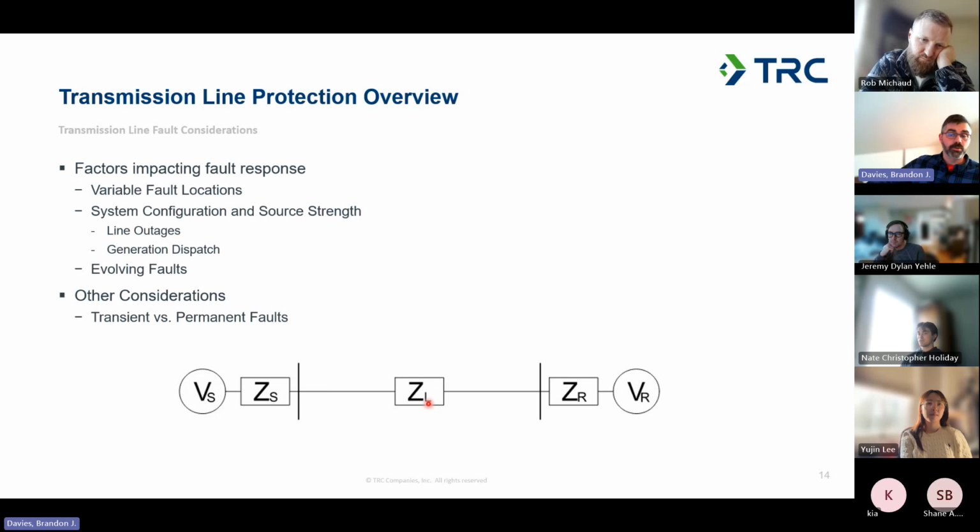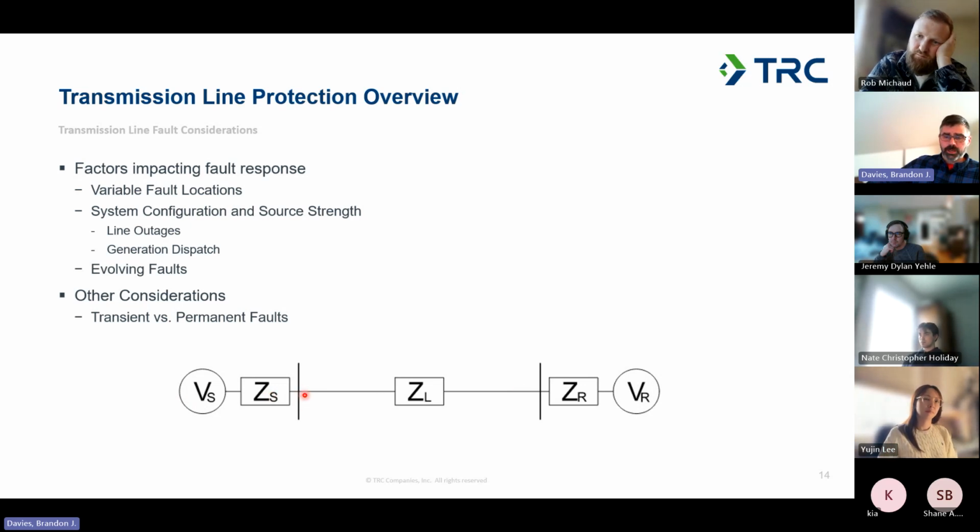You're basically having the full impedance between that location and the fault. So if you think about it from an equivalent circuit standpoint, if we put a three-phase fault here, you've got a voltage and you've got an impedance.